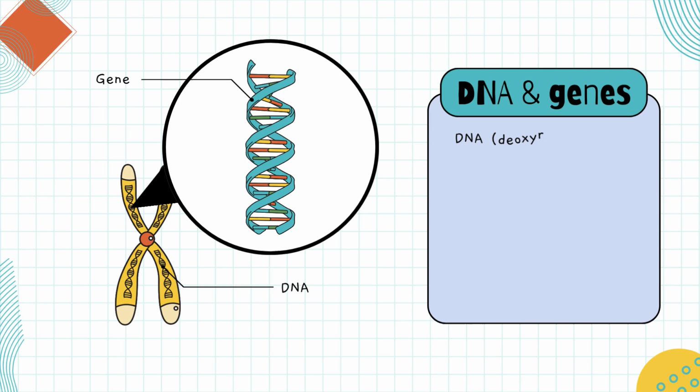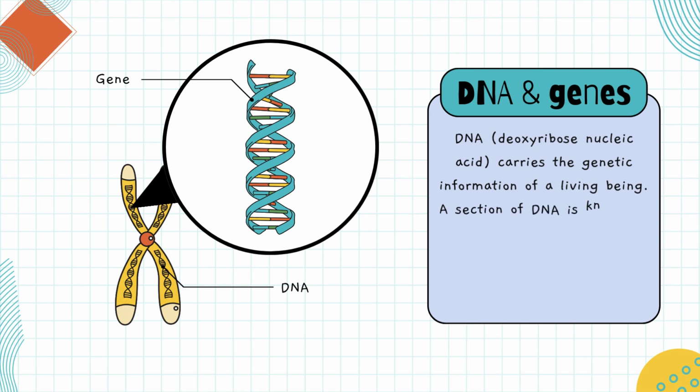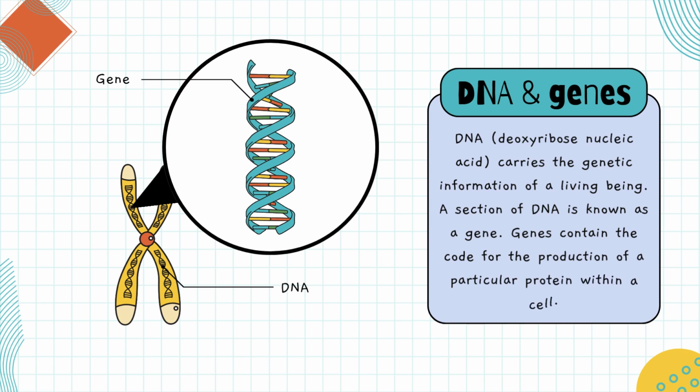At the heart of the chromosome lies DNA, deoxyribonucleic acid, a long, twisted molecule that carries all the genetic instructions needed for life. Imagine DNA as a vast library filled with an enormous amount of information. But how is this information used? That's where genes come in.